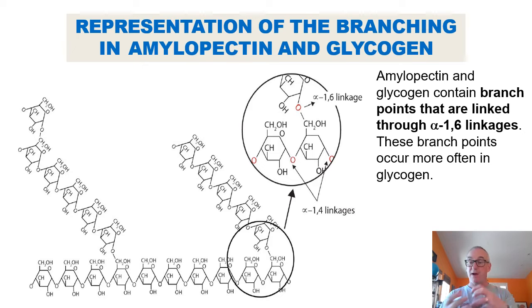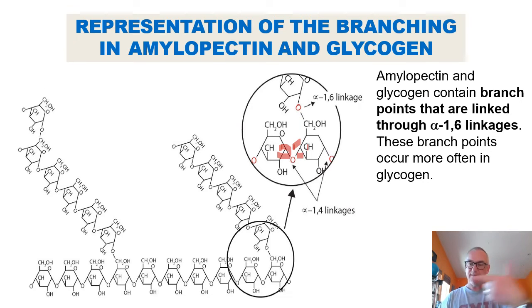Now, where the bonding is different for amylopectin is that instead of alpha 1,4 linkages, you get these branching off from 1,6 linkages. So here is our carbon 1, and there's our carbon 4.